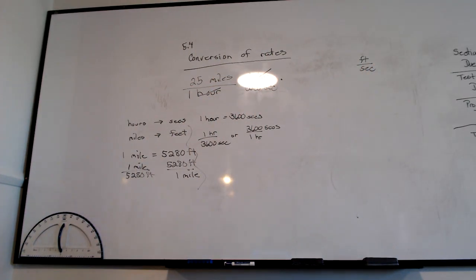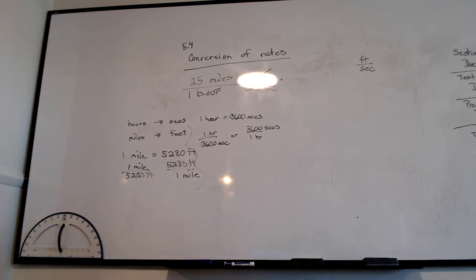Which way would I want to write it so I get feet in the numerator? Max, which one would I use? 1 mile over 5,280 feet or 5,280 feet over 1 mile, so that my miles cancel and I'm left with feet? You would use the mile on the bottom.